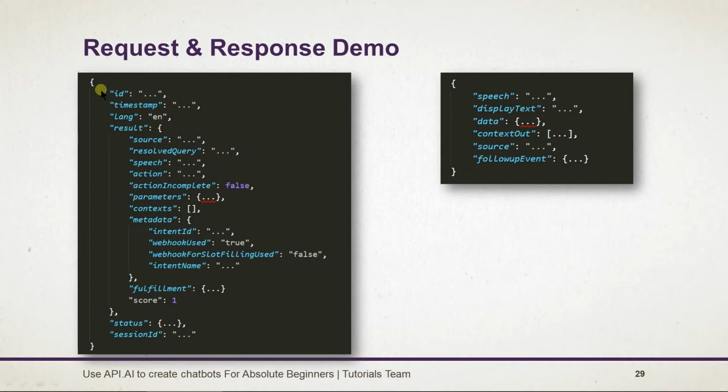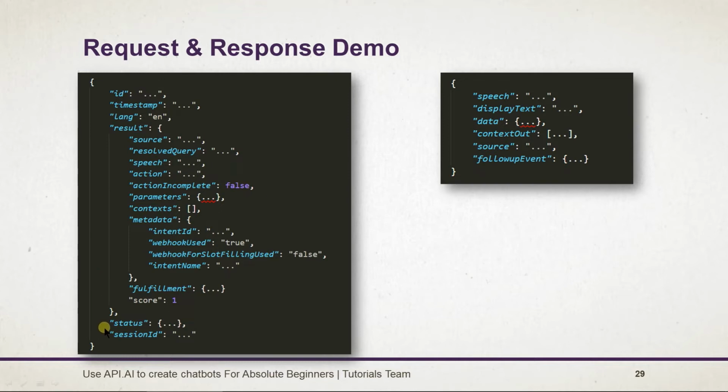First is the ID, which represents the unique ID of the request. Next is the timestamp, which contains the full date and time, including the time zone, at which the request is sent. Then there is the language that we specify while creating the agent.